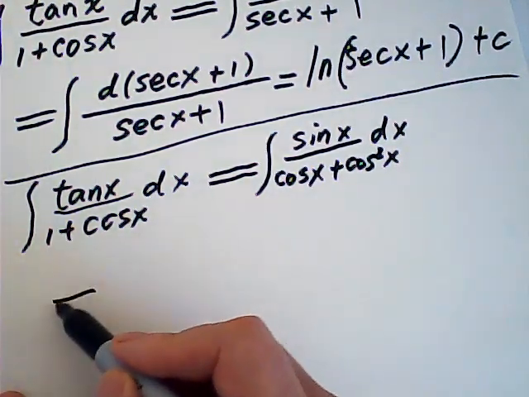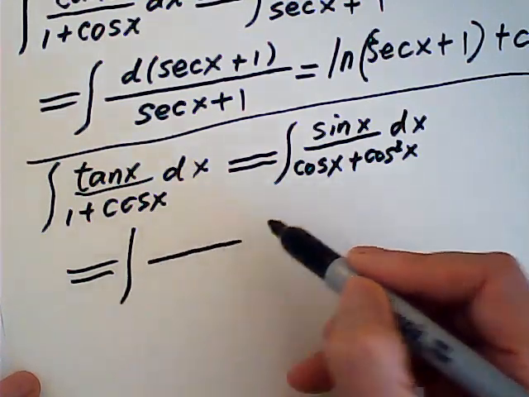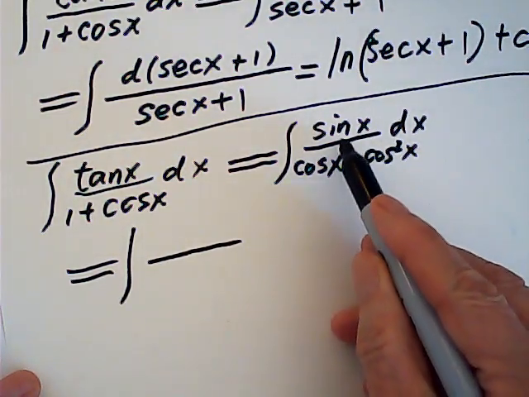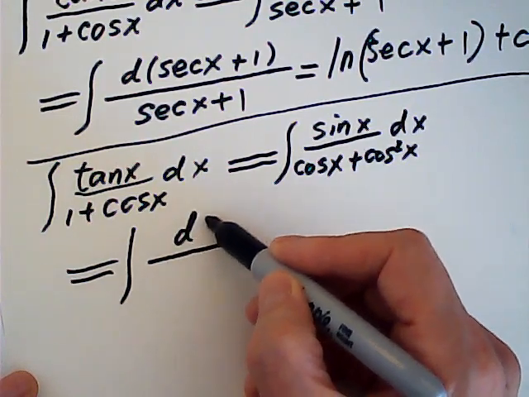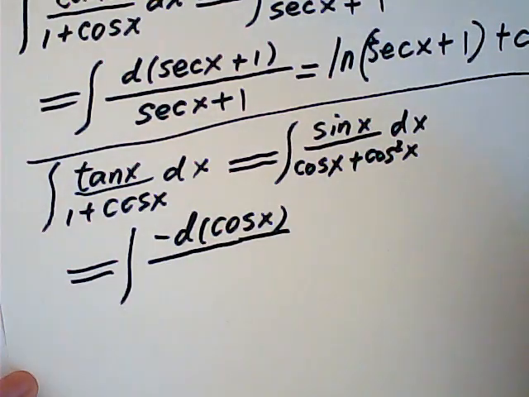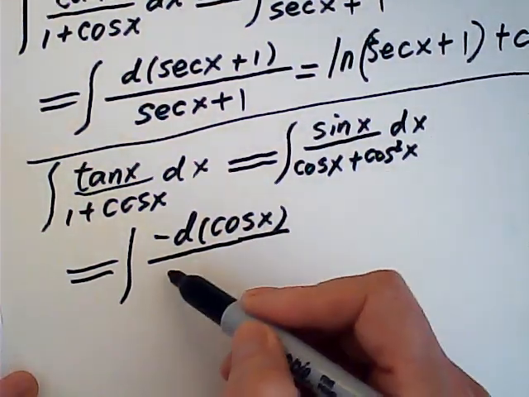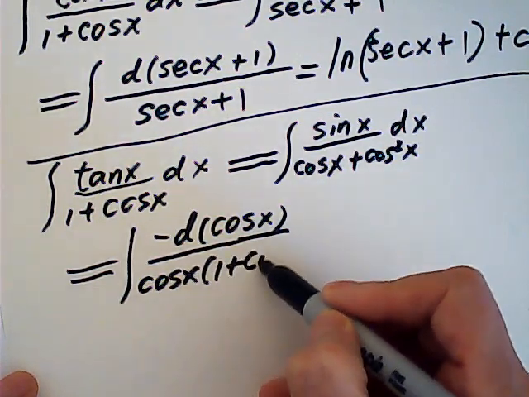And then this is equal to sine x dx, which is the derivative of cosine, negative, right? Negative. This is a cosine x times 1 plus cosine.